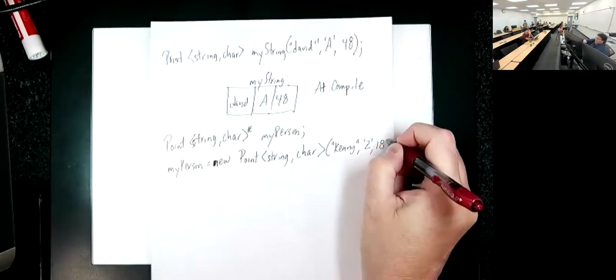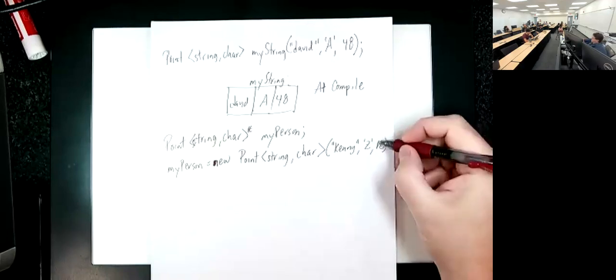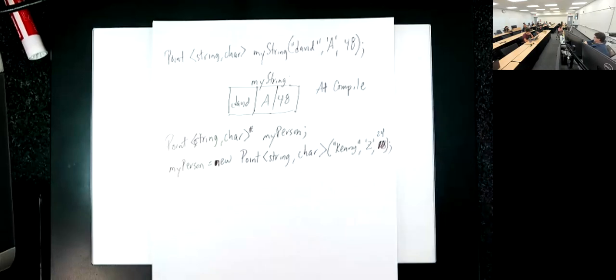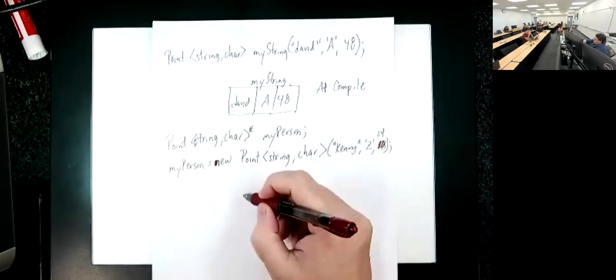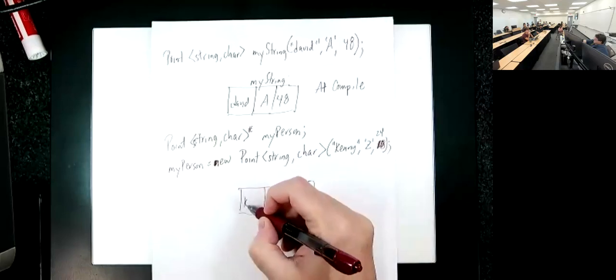We said he's 18. Kenny says he's 24. We're changing that. Kenny's now 24. And when I did this, it created a box for him that has all his information.